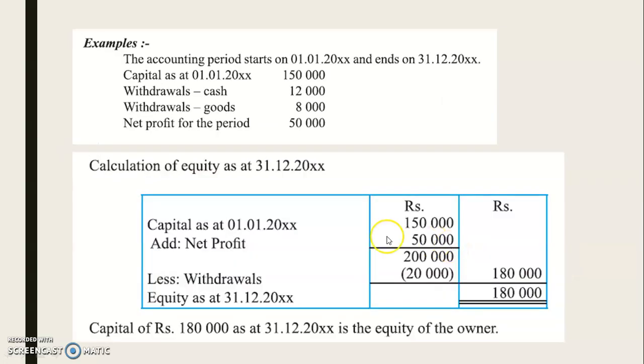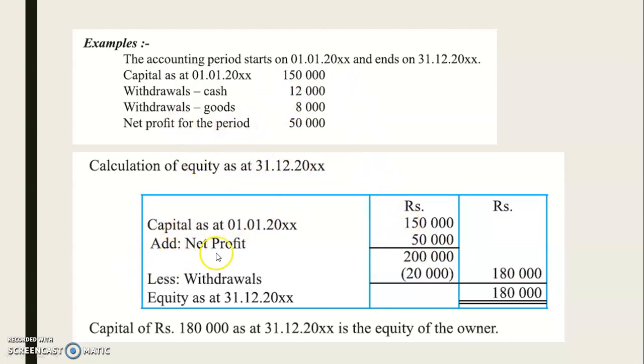For example, the accounting period starts on 1/1/2006 and ends on 31st. They have given you the capital, withdrawals, that is drawings, and the net profit for the period. You just have to find the equity as at 31st December 2006. So capital as at 1 Jan is 150.